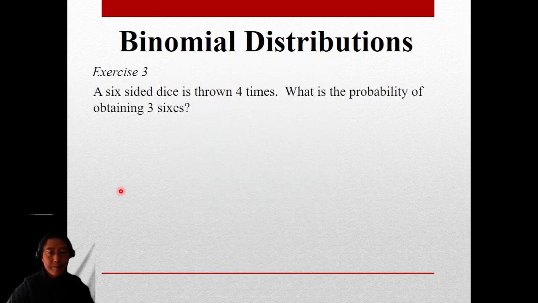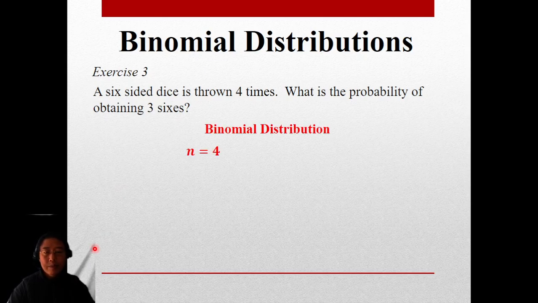Okay, so have a look at this. Again, the 3 steps. First one is obviously listing that it is a binomial distribution. The second one is the variable, what it is, and then you can get the values for the number of trials and the probability of success. It is a binomial distribution.